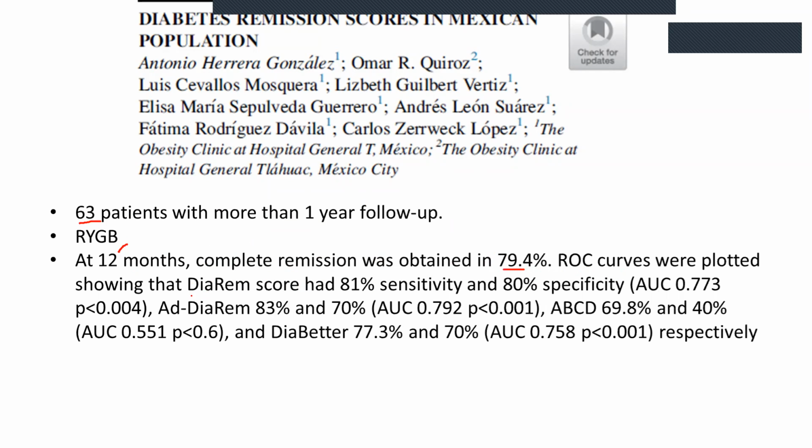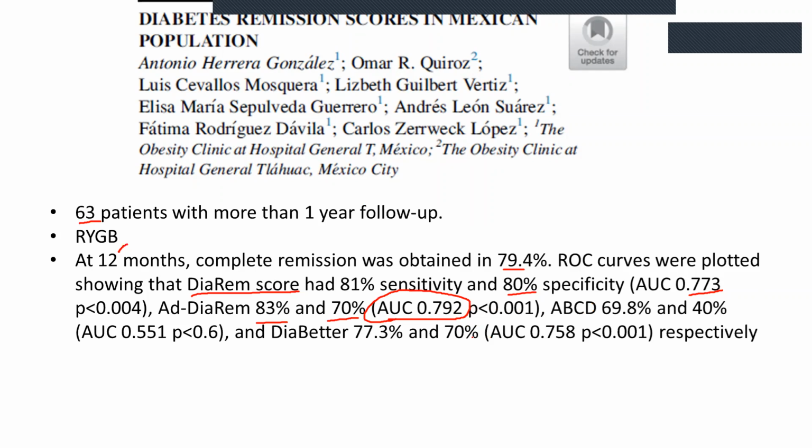In their case, DiaRem score had a sensitivity of 81% and specificity of 80%, with area under curve being 0.773. While the Ad-DiaRem had a sensitivity of 83% and specificity of 70%, with area under curve higher than DiaRem score at 0.792.